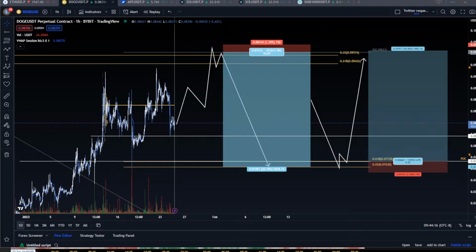Just sharing this in the Discord. Just looking through the chat really quick.